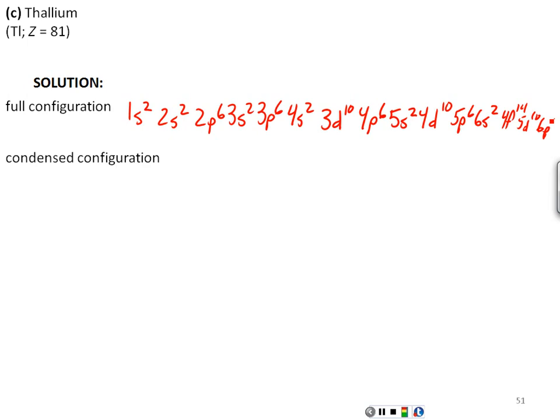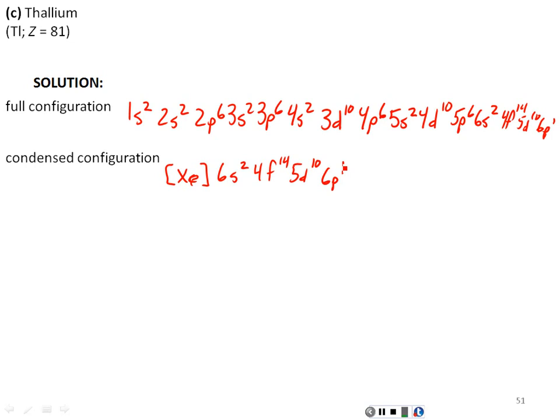In the condensed configuration, you can write that as xenon 6s2, 4f14, 5d10, 6p1. And that's how I would write it.